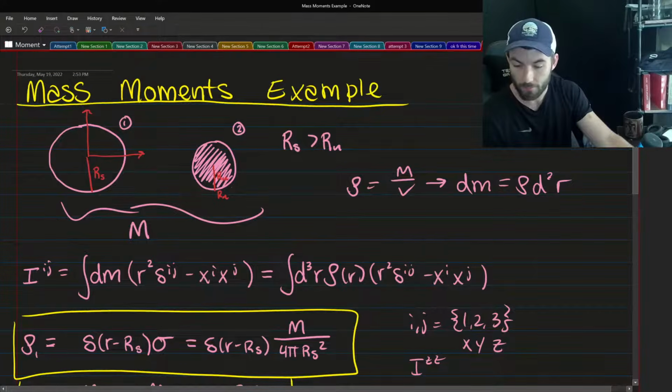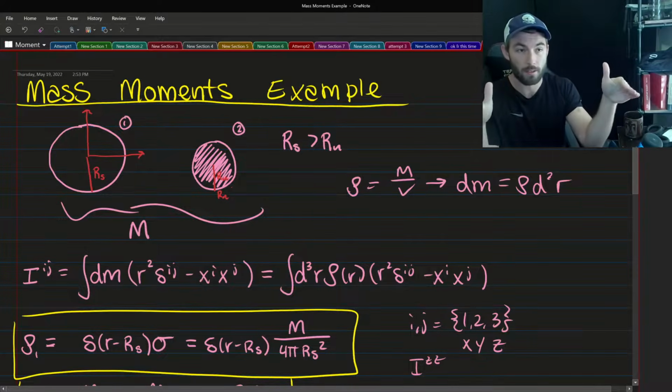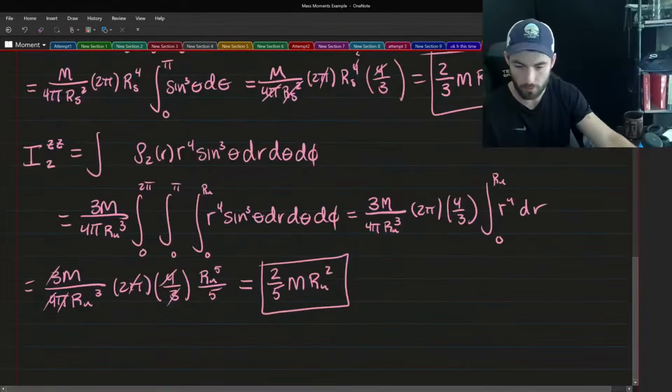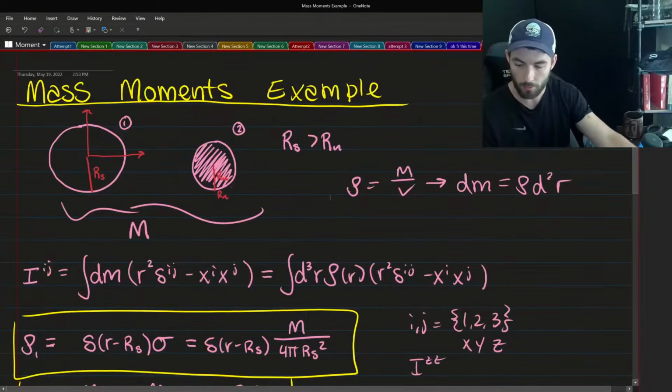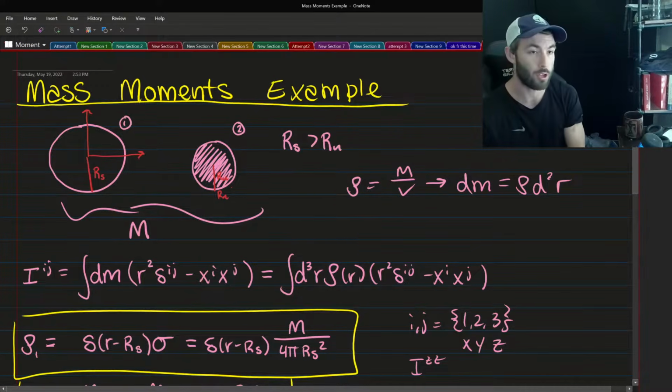Both of these have the same center of mass. It's right there at the center. So the thin spherical shell has the mass spread at a farther distance, which is why the moment of inertia is larger than this one. And as a result, it would take more torque for this guy to reach the same angular acceleration as the solid uniform sphere, which is why the solid uniform sphere will roll to the ground faster than the thin spherical shell.